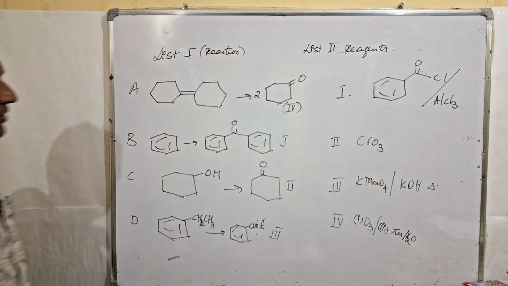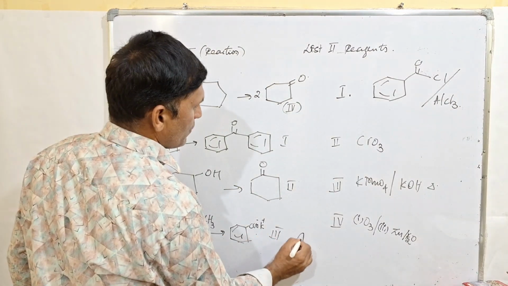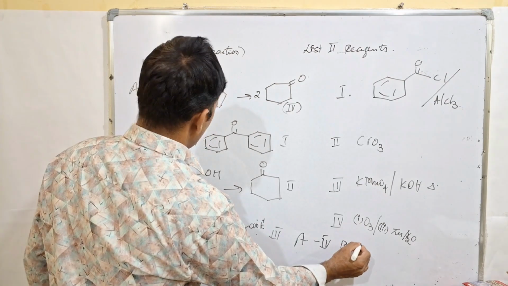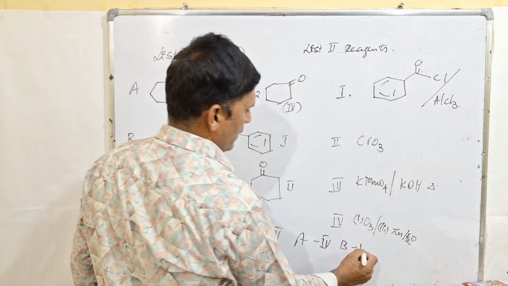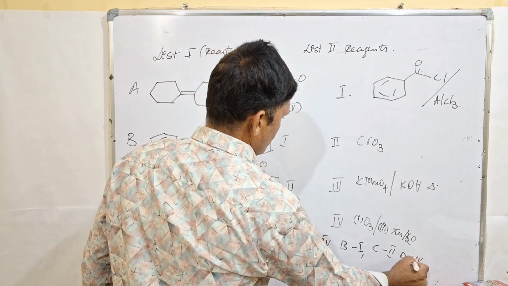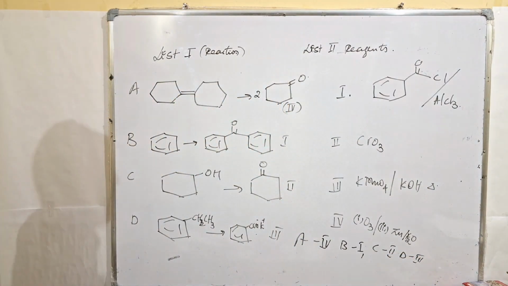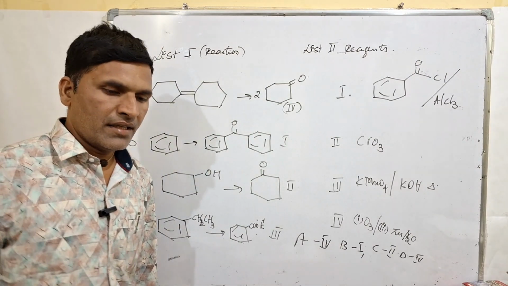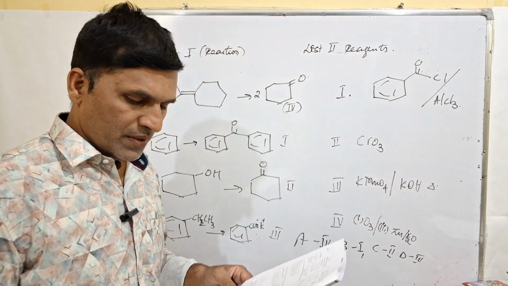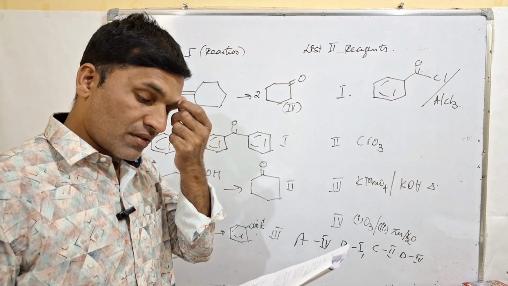So we make out the list: A to 4, B to 1, C to 2, and D to 3. This is how we match the reagents with the reactions. So the right answer in the question paper is the first option.